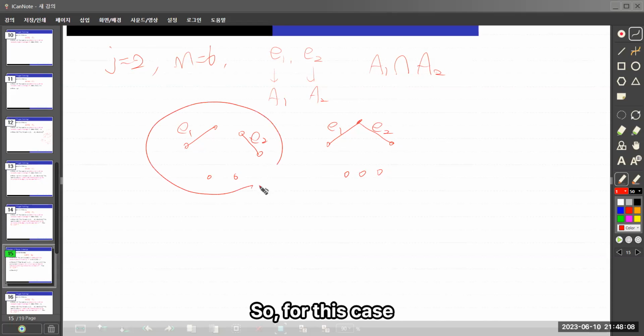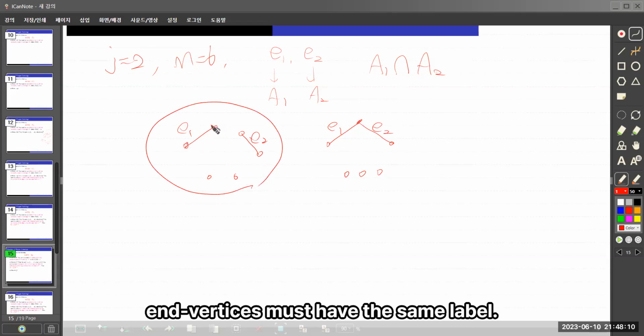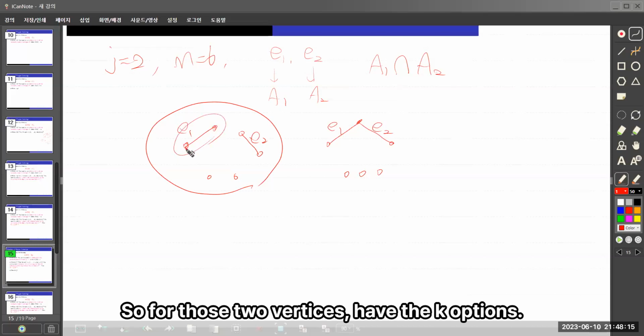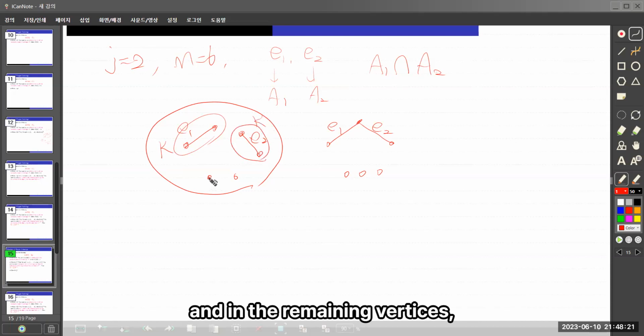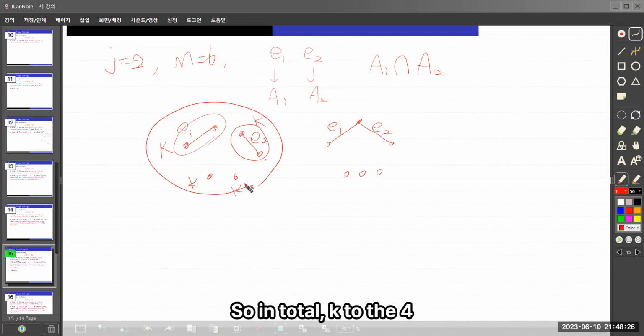For the first case, because those two end vertices must have the same label, those two vertices have k options, and similarly those two vertices also have k options. In the remaining vertices, each vertex has k options. So in total, k to the 4.